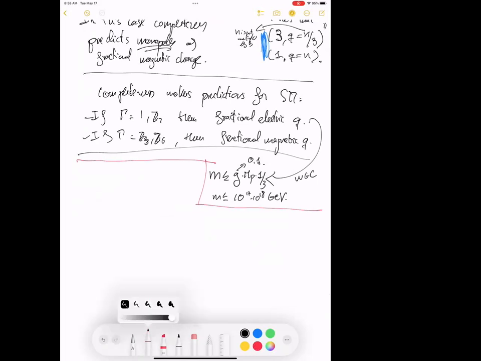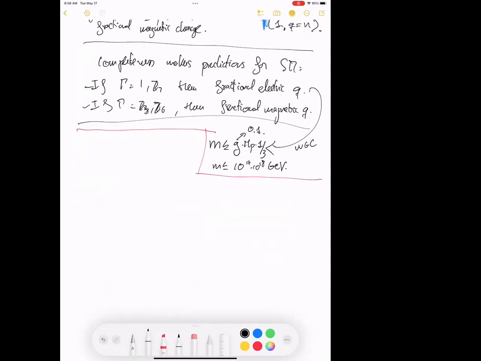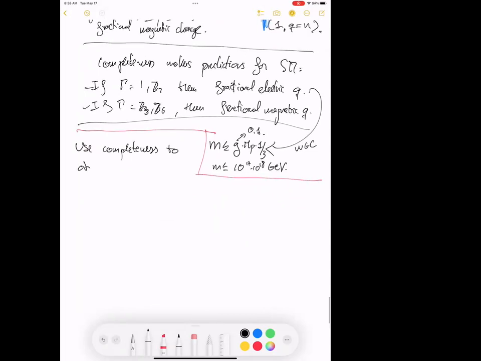So one application of the completeness principle that I really like is the pioneering work by Cumrun Vafa and collaborators 3 years ago, which is to use completeness to obtain, within quotes, string theory or strings. Let me just say strings, okay? So to argue there must be strings in the spectrum.